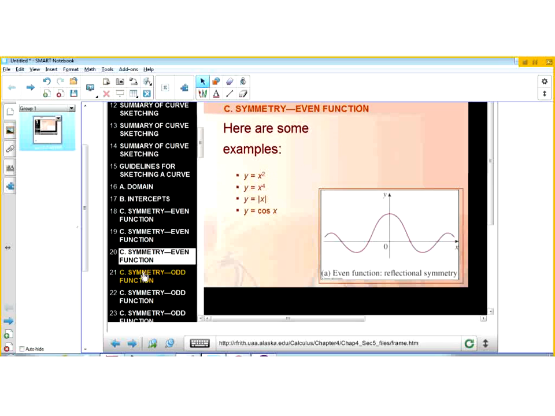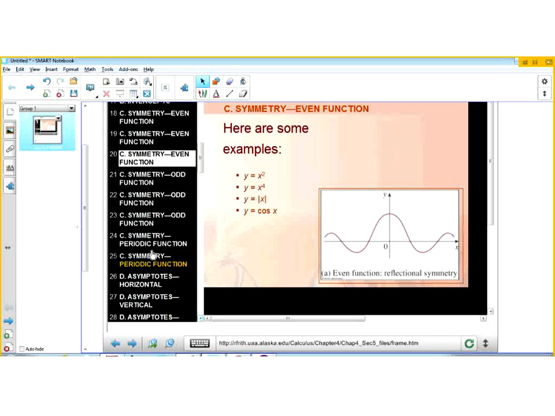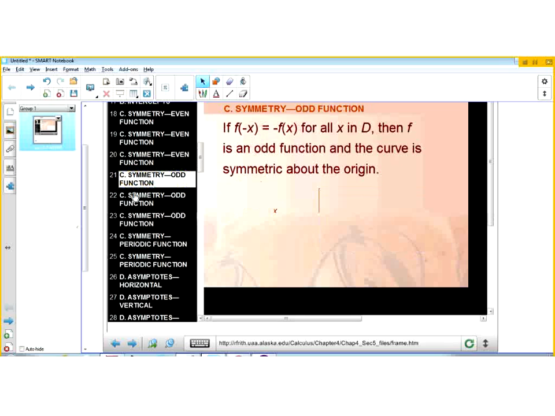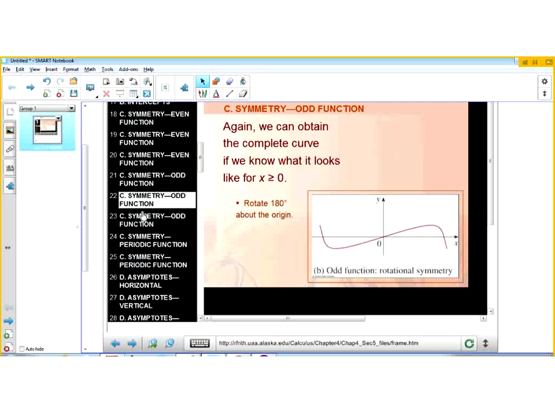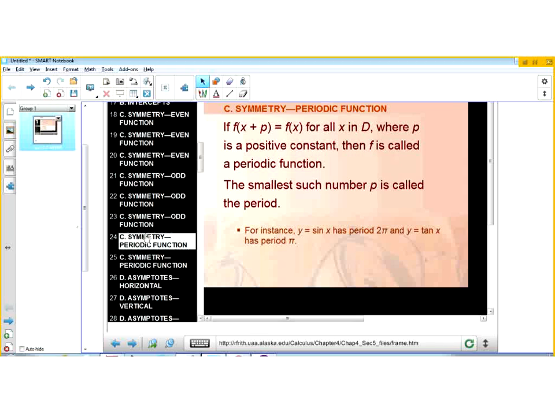Even symmetry, of course, x squared, x to the fourth, absolute value of x, cosine x are examples of even symmetric functions. 1 over x squared, of course, is one as well. Odd symmetry, we know that. Symmetric with respect to the origin. And then we have periodic functions, which are typically your trigonometric functions like cosine and sine and tan and cotangent and secant and cosecant.